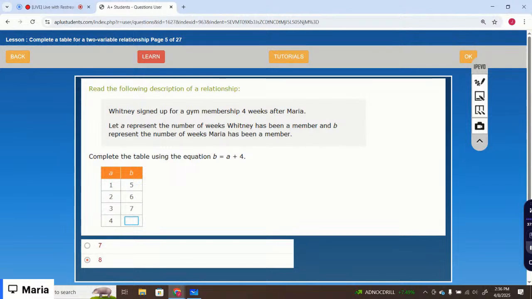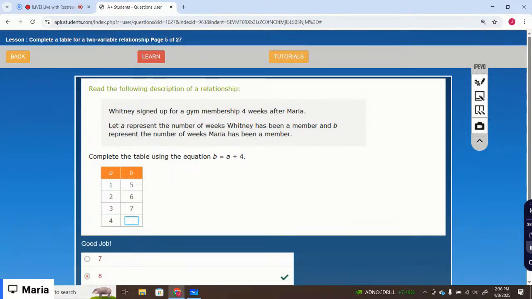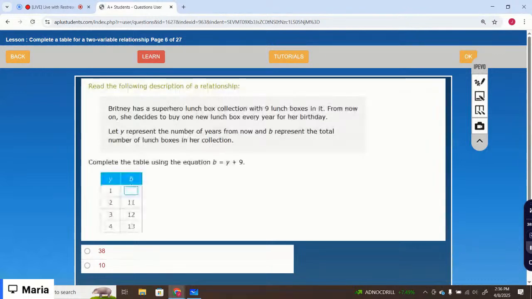Complete the table using the equation B equals A plus 4. Okay, I'm on the same question. Complete the table using the equation B equals Y plus 9.